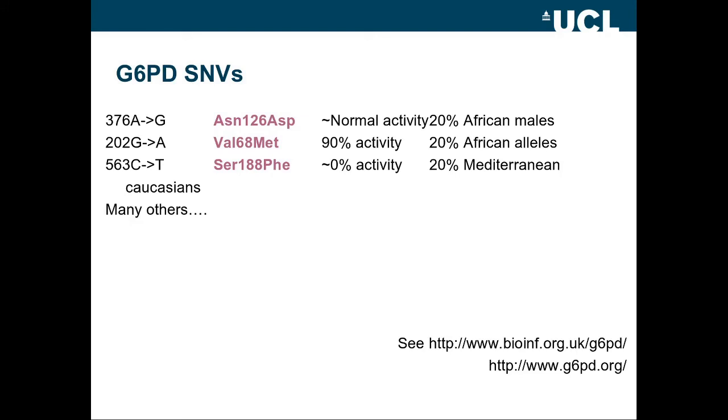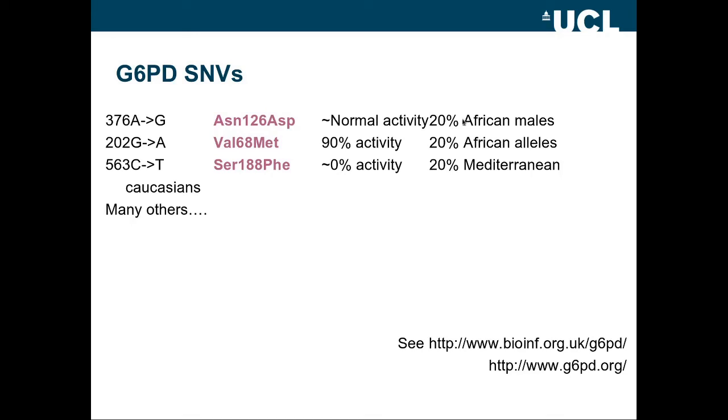Now let's just look at a few examples of single nucleotide variations in G6PD. One of them here, 376A to G, leads to an asparagine to aspartate mutation, but this leads to essentially normal activity, so could really be considered to be a single nucleotide polymorphism.